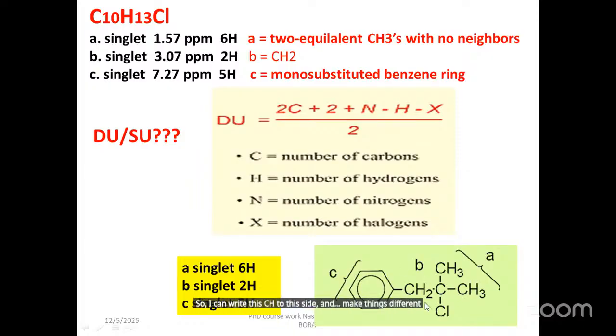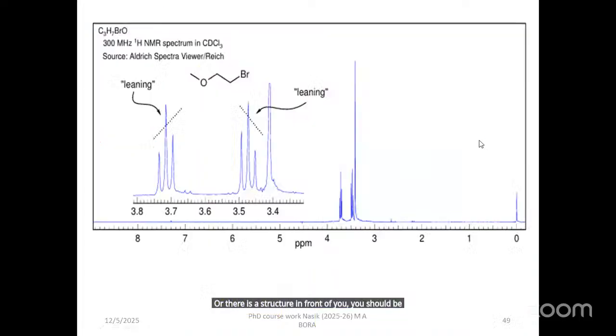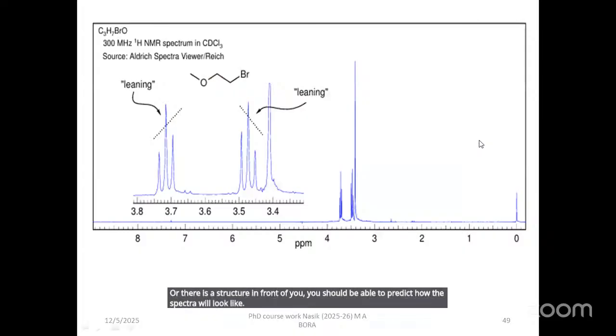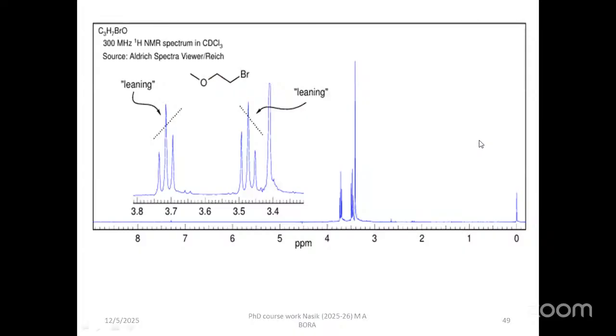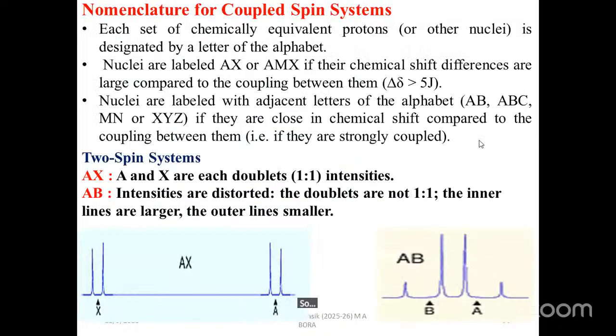Okay, structure can be possible, but then when I look at the splitting pattern, singlet, singlet, singlet, it indicates that this has to be the structure of the compound. So from the given data, from the spectra, we should be able to draw the structure of the molecule, or if there is a structure in front of you, you should be able to predict how the spectra will look like. So both things are possible and one can do it.